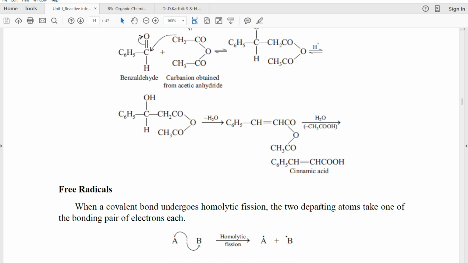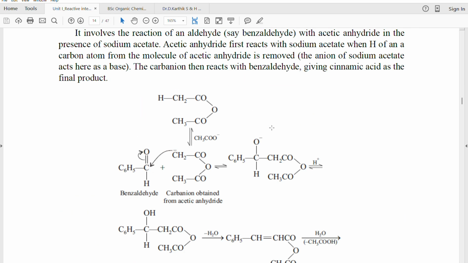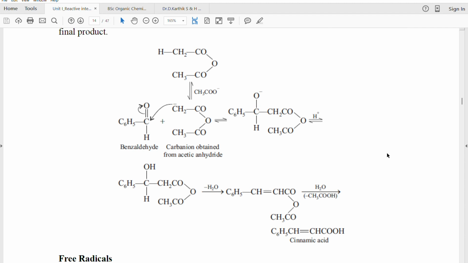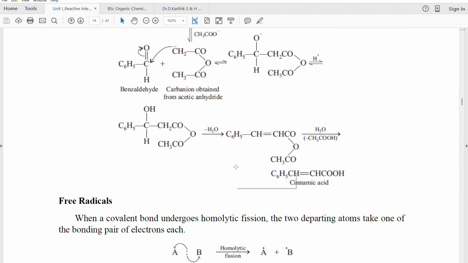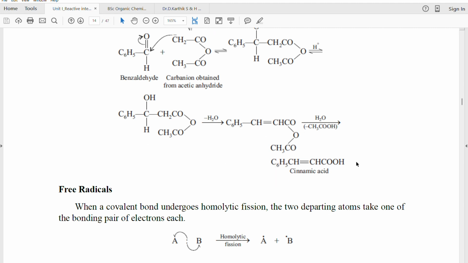So I will write the detailed mechanism in the classroom, on the board, so that you will understand. In the exam, it is not necessary to write the mechanism in such detail; you can just write this mechanism. Okay, that is fine.